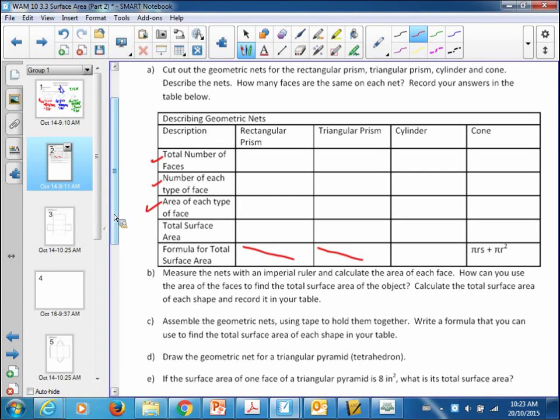You'll have to just draw them out and figure them. But this one does, and I'm going to give it to us: 2 pi r squared plus 2 pi r h. But with that formula sheet and so on, you'll see some stuff.